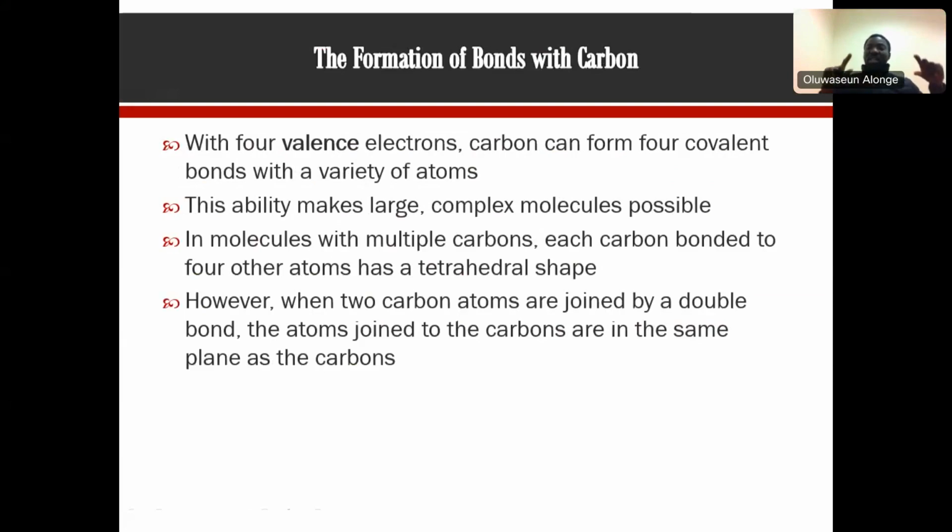So there are 4 unpaired electrons in carbon's outermost shell. That means carbon is able to make 4 bonds with other elements. This is what gives carbon the privilege to form larger or complex molecules.